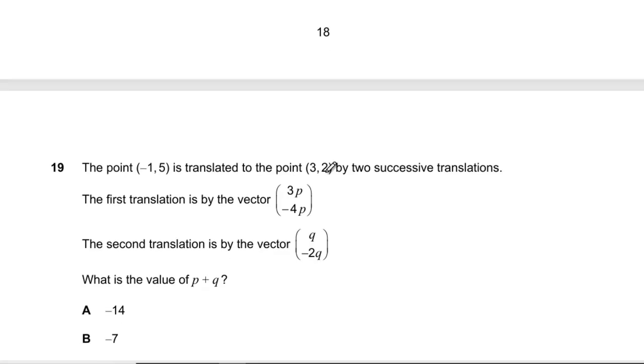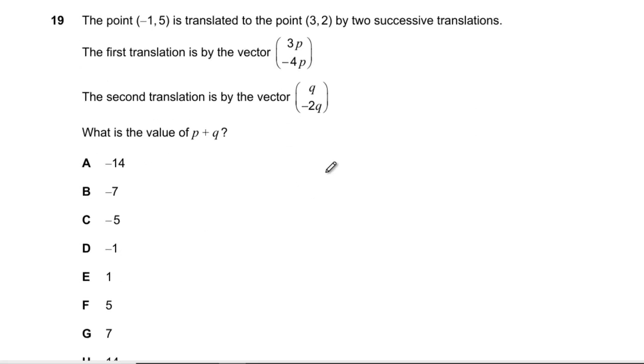19. The 0.15 is translated to that 0.32 with two successive translations. What are P plus Q? Okay, so we've got 3P plus Q is going to be, we've got a change of 4. And we've got minus 4P minus 2Q is minus 3. Right, so let's double this one up then. So 6P plus 2Q is 8.